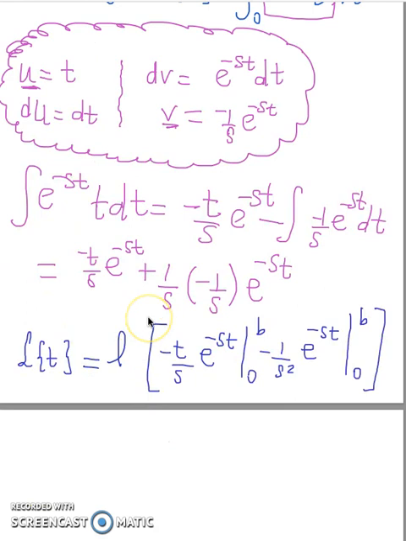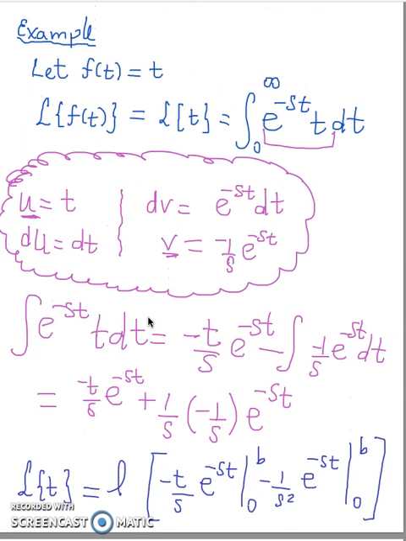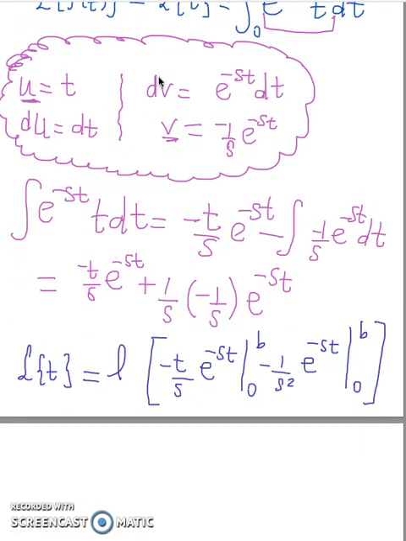So in other words, the Laplace transform of f of t equals t becomes minus t over s e to the minus st evaluated from 0 to b, minus 1 over s squared e to the minus st, also evaluated between 0 and b, and we take the limit as b goes to infinity.